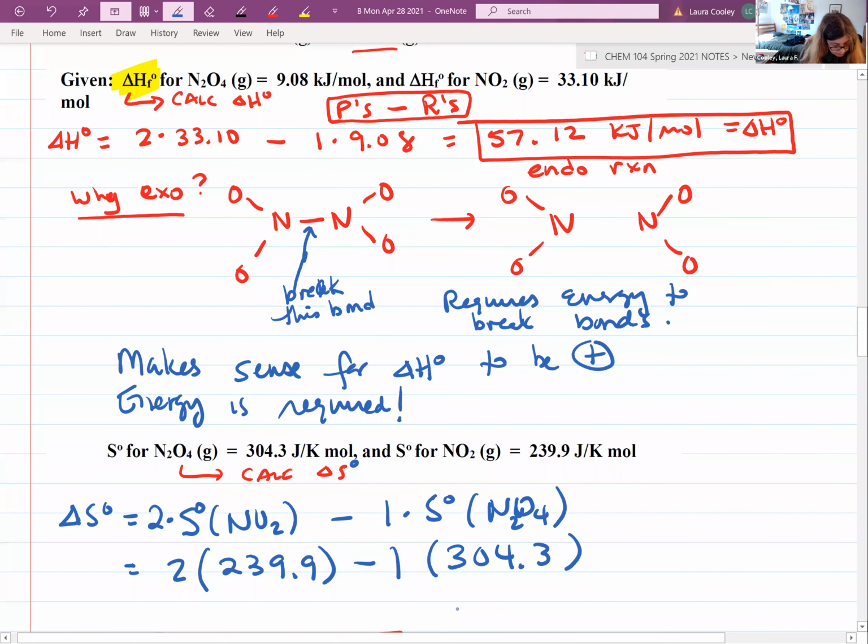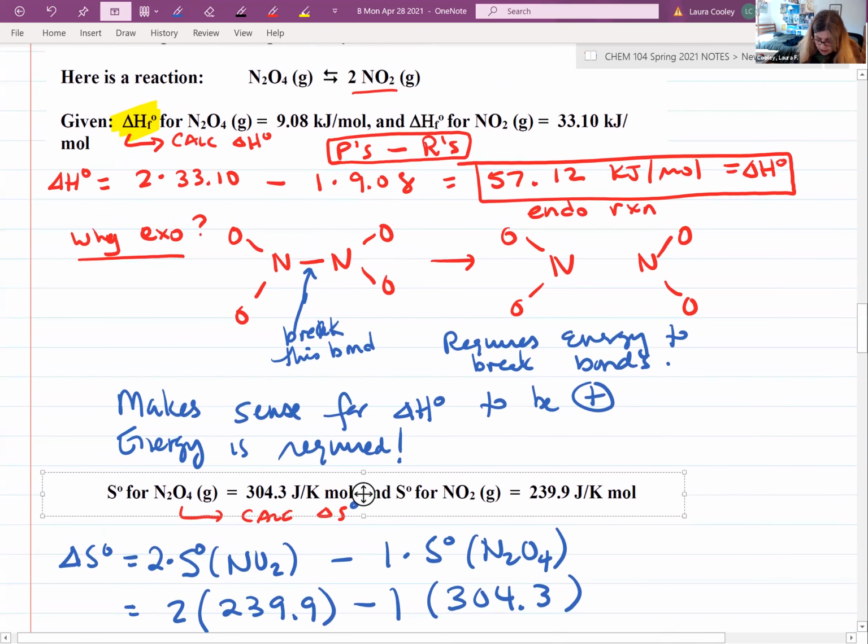Now, before you put it in your calculator, you should be able to figure out what this sign is. What were the guidelines? Remember, these are gas molecules. We start with 1 mole of gas. We end up with 2 moles of gas. So the delta S is going to be what?